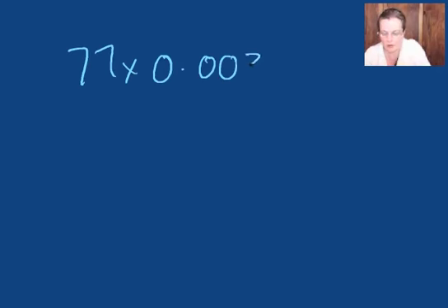I'll just go over the next one on the sheet, 77 times 0.003 equals 231. 77 times 3 is that, and so 3 numbers after the decimal.